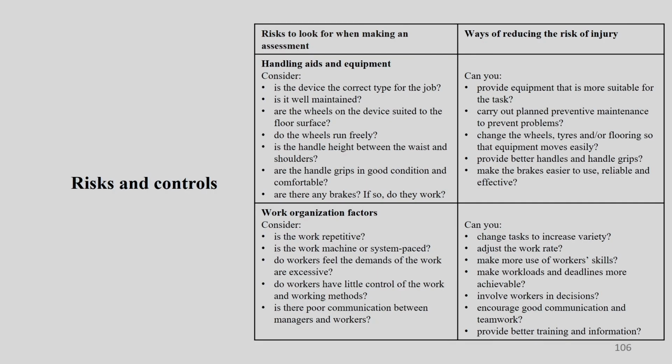Do workers have little control of the job or working method? Okay, is it just controlled by somebody else? Suppose in an assembly line, if the speed of the conveyor belt is not under the control of the operator, then the speed of that load handling depends on the speed of the conveyor belt.